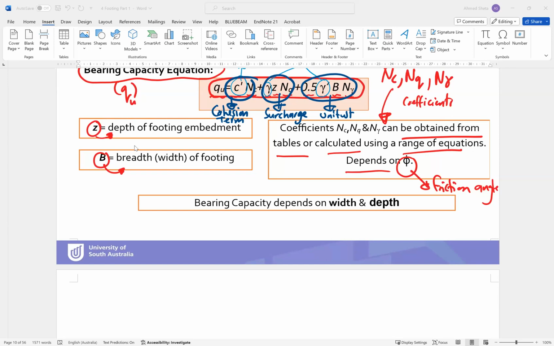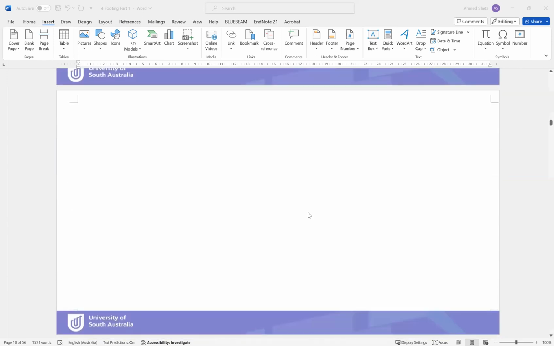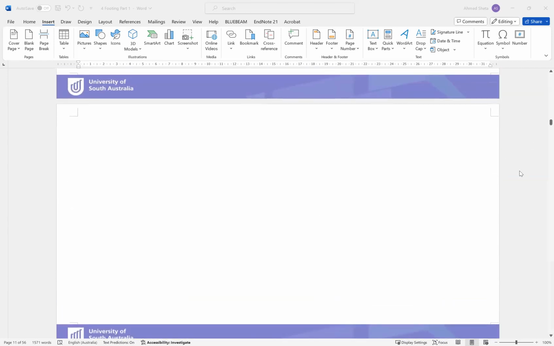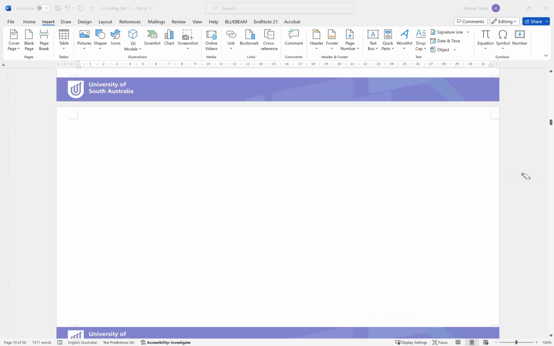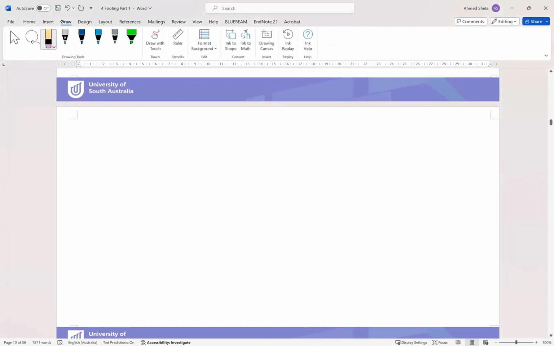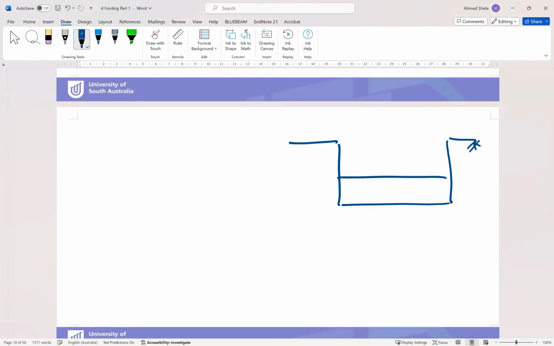Okay, so now just explain the parameters we don't know. So here, if we have the footing somewhere here, and this is the ground level, and this is our footing or bed footing.